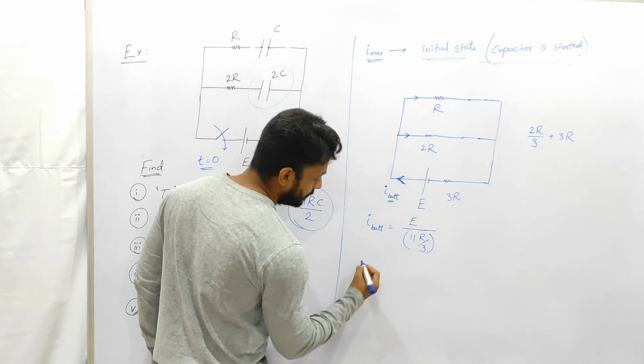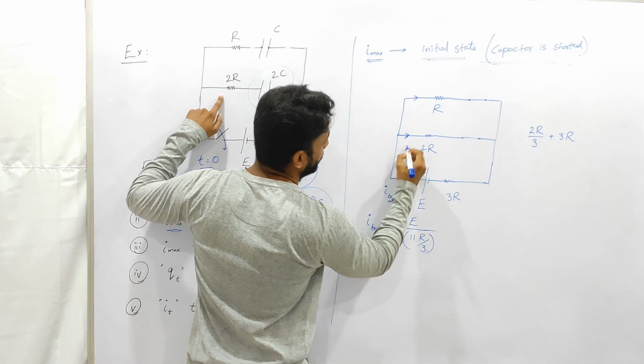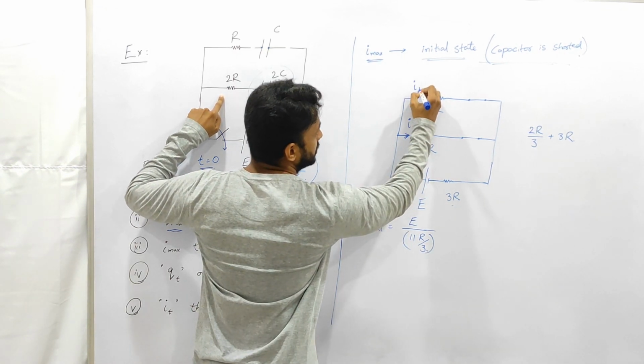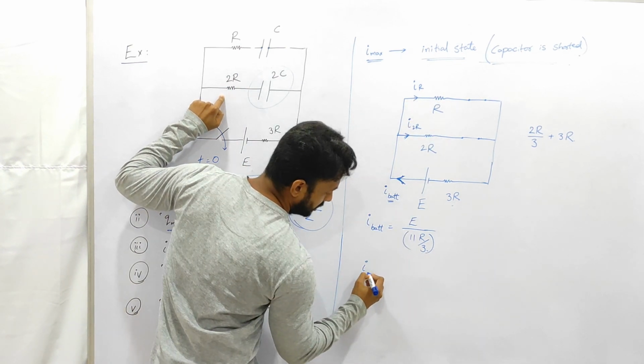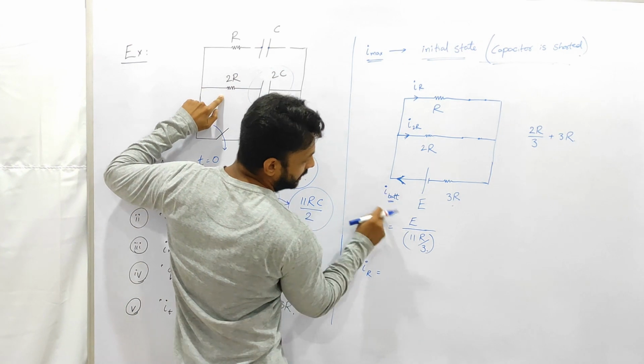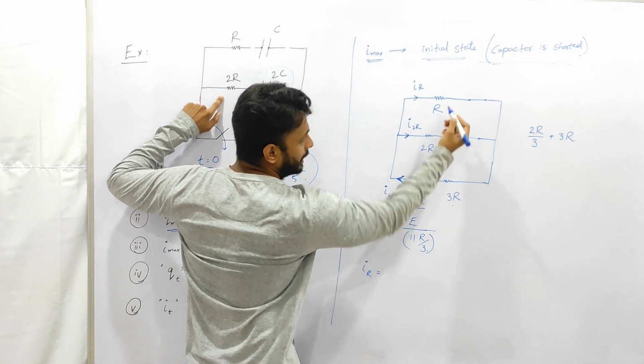So here the current passing through 2R or 2C, and here the current passing through R. So the current passing through R can be written as follows: this battery current is divided into 3 parts. In those 3 parts, 1 part flows here, 2 parts flow here.